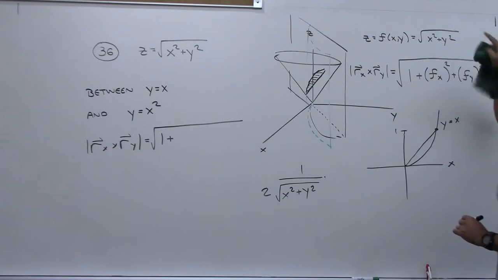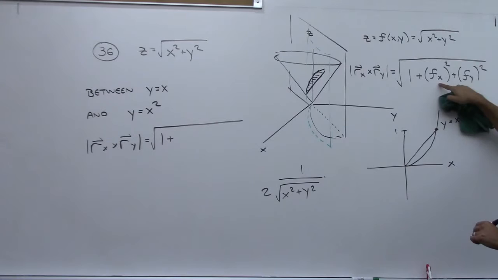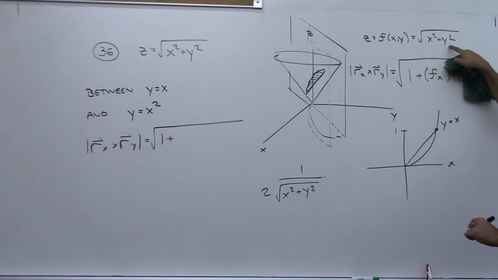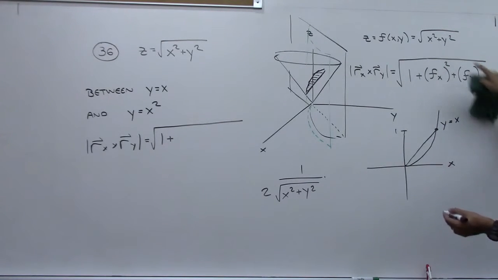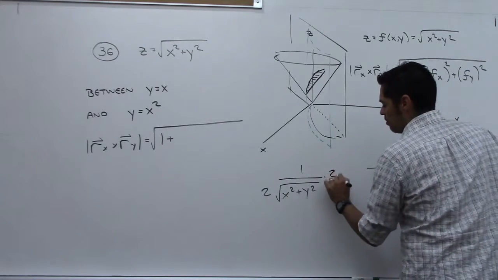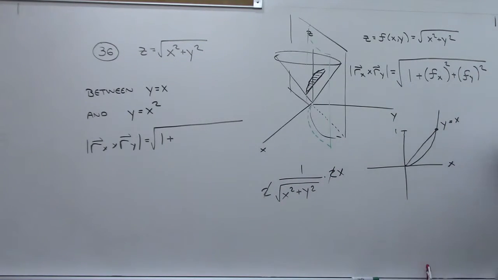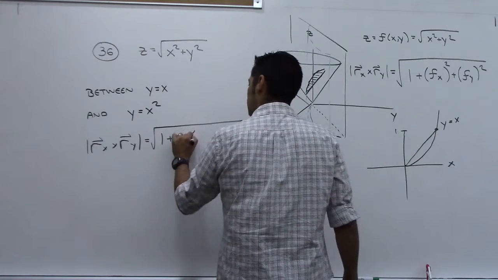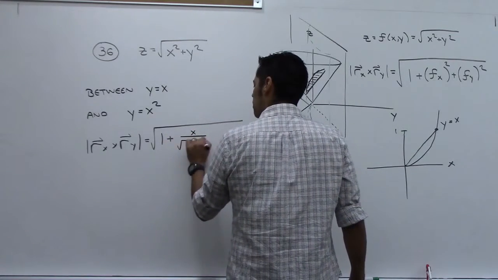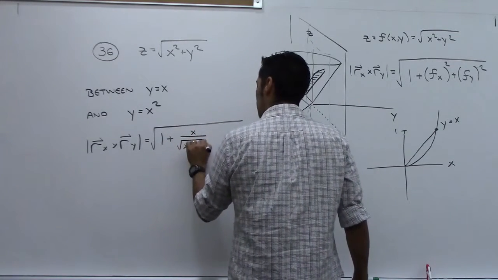Then chain rule says times derivative of what's inside. Well, with respect to x, that's 2x. Respect to x here is 0, so you get 2x plus 0. So this is times 2x. The 2's cancel, and you just get x over root x squared plus y squared. So that's going to go right here, x over root x squared plus y squared.